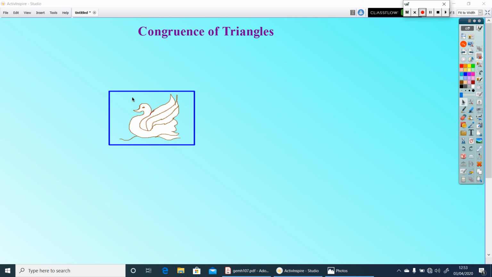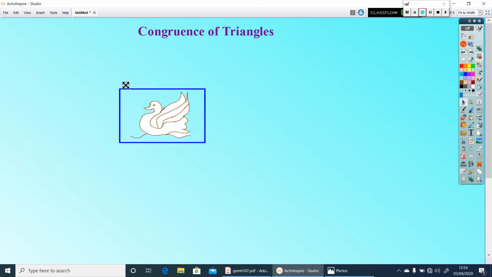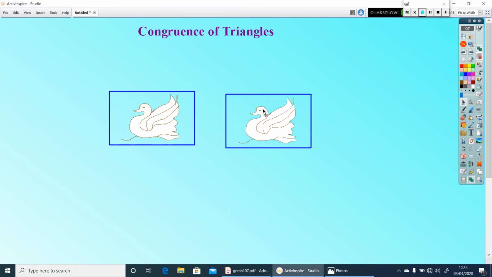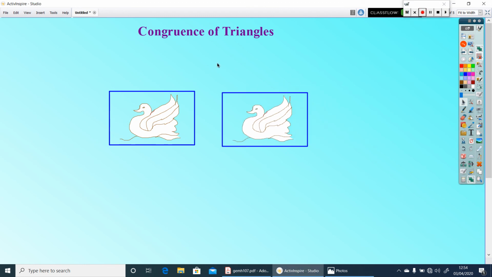These two figures cover exactly one another. That means these two figures have the same size and same shape, and such figures we can call congruent figures.